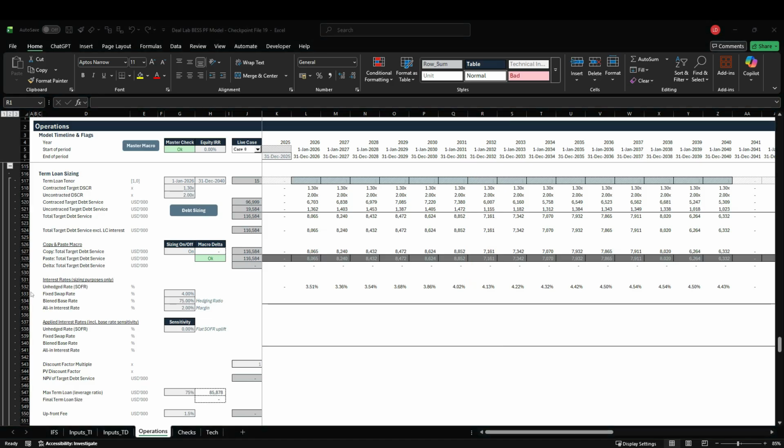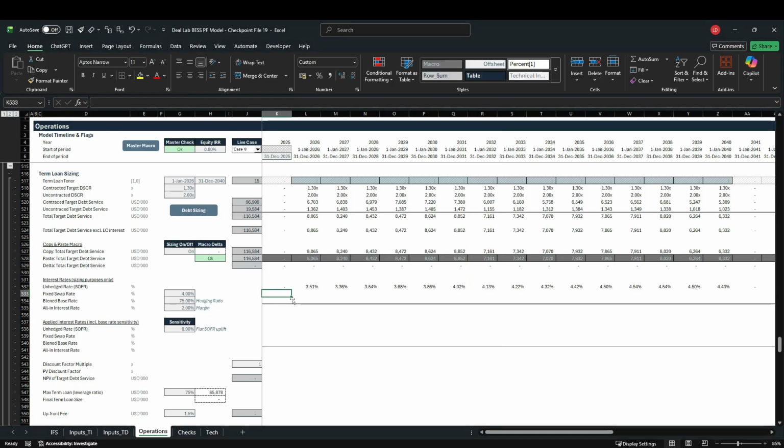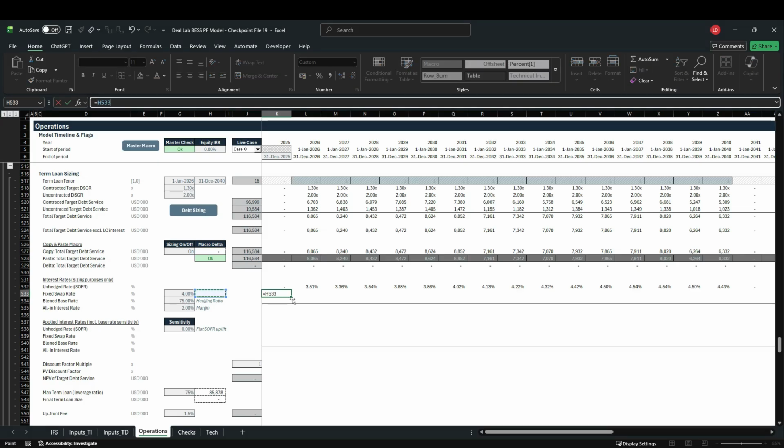Then the fixed swap rate is fairly straightforward. That is basically just a reference to our fixed swap rate in G533. Hit F4 once to fully anchor it, and we'll also multiply this with our term loan tenor flag.